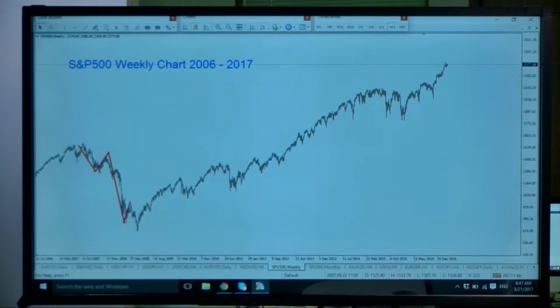Basically, the lines are schematic rather than accurate points or accurate prices. So please take these lines that I'm drawing as schematic and not accurate, but they can present the general idea of my trade idea.